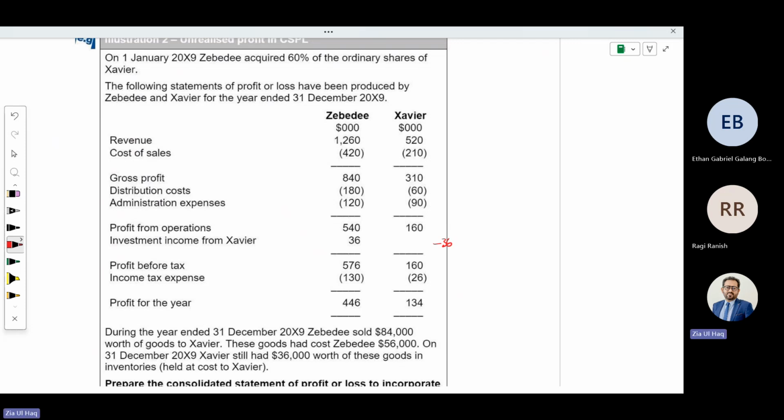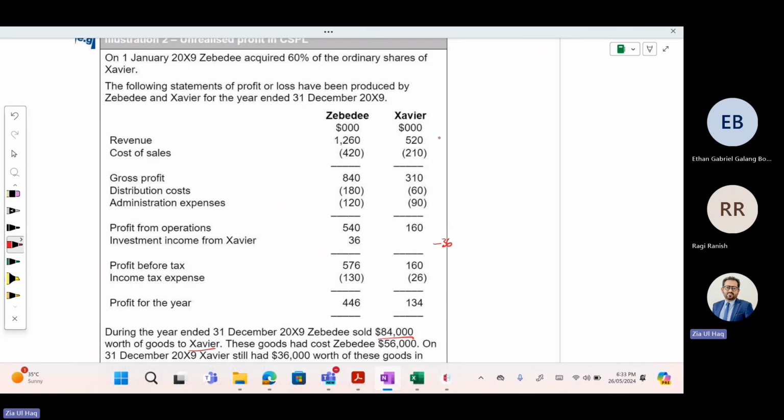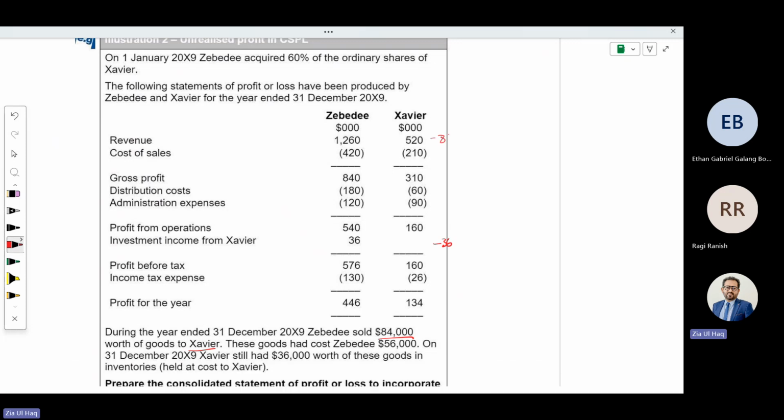During the year ended 31st December 20X9, Z sold 84,000 worth of goods to X. This means 84,000 we need to deduct from here, after adding them with each other. These goods had a cost of 56,000.